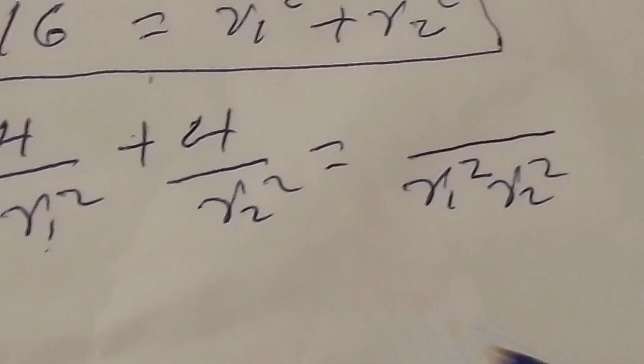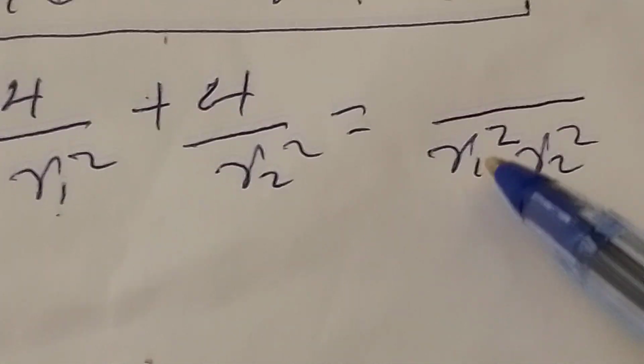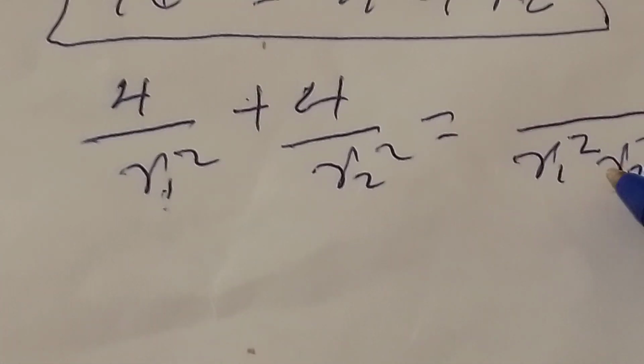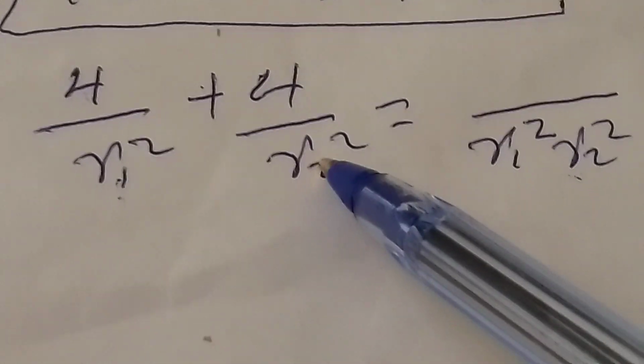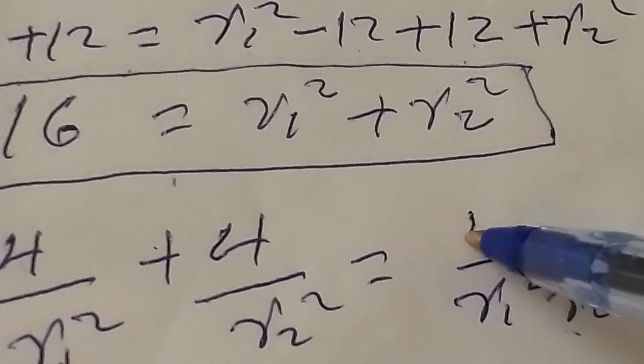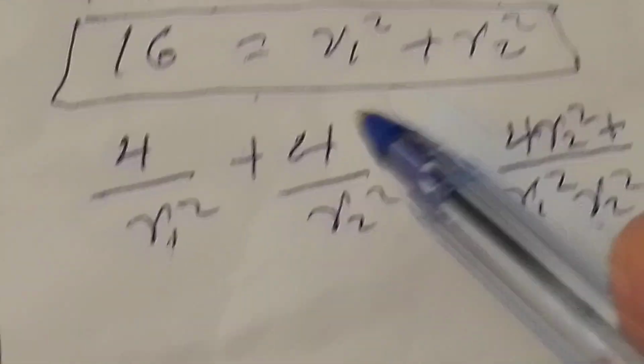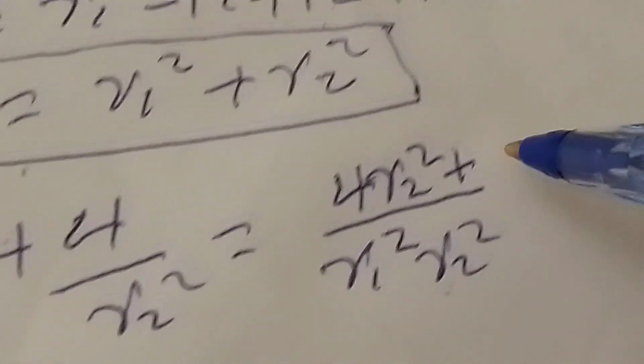Then r1 square r2 square divided by r1 square is r2 square, so 4 r2 square plus 4 r1 square.